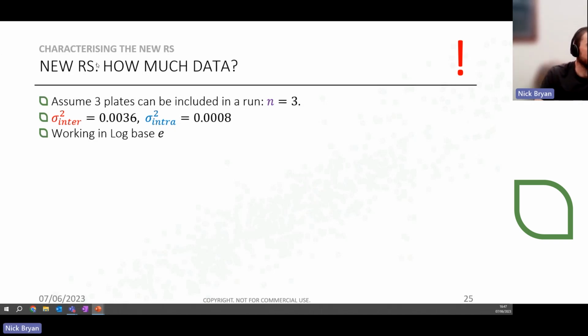We can also obtain these from, for example, the QC data that we might have about our new reference standard. And we're going to be working on the log scale here.